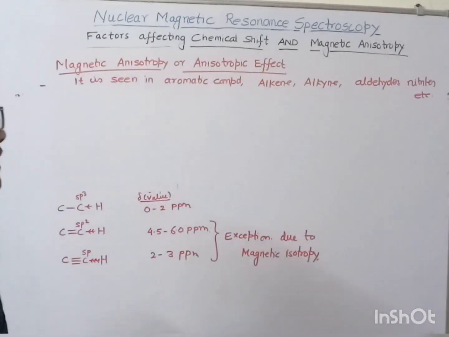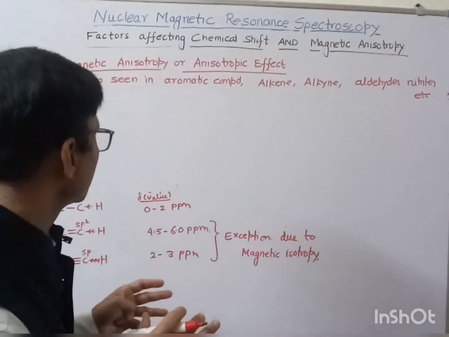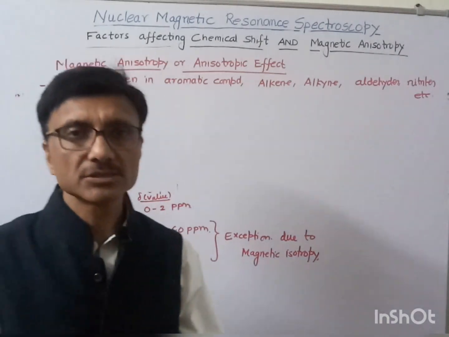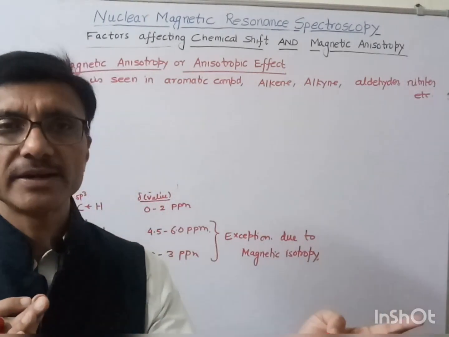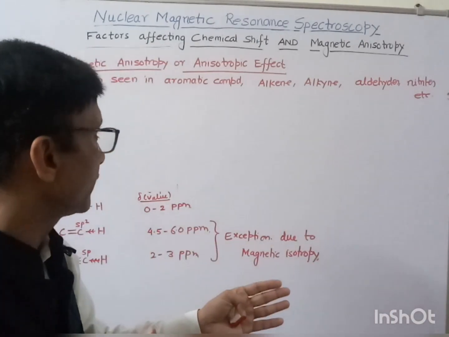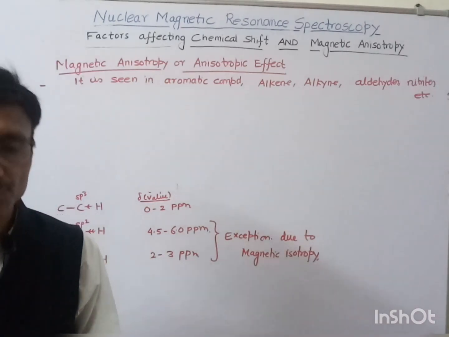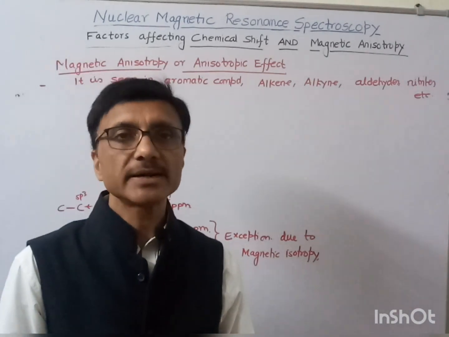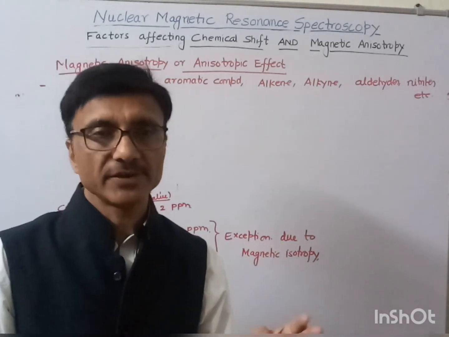Now what is this magnetic anisotropy or anisotropic effect? Anisotropy is just the opposite of isotropy. Isotropy means uniform, same type, and anisotropy means non-uniform. This is directly connected to a non-uniform magnetic field.